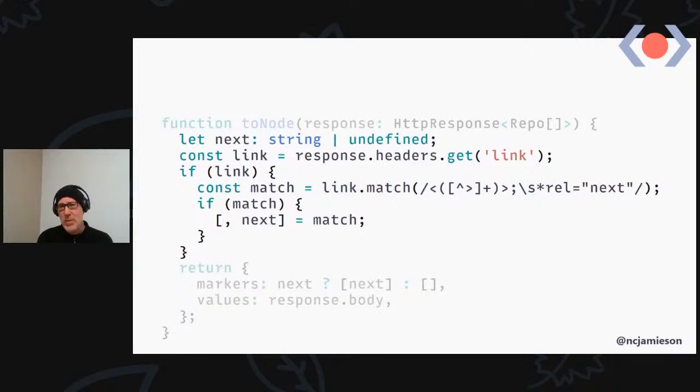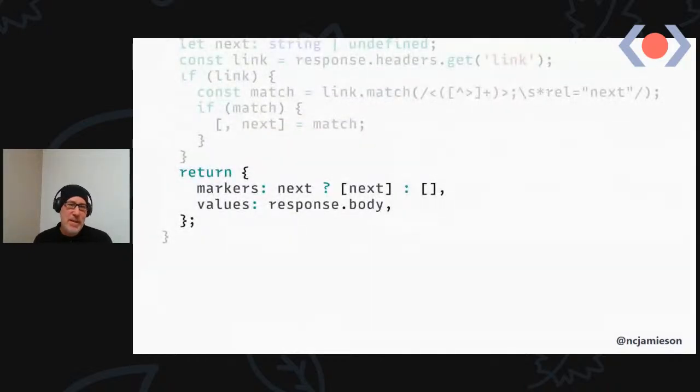It contains one where the rel is for the next page, and it contains another where the rel indicates that it's the last page. So this snippet of code goes through the link header. It extracts the URL that corresponds to the next rel, and if it's there, we'll return that as the marker. If it's not there, we have no markers, and we know we've reached the end of our graph.